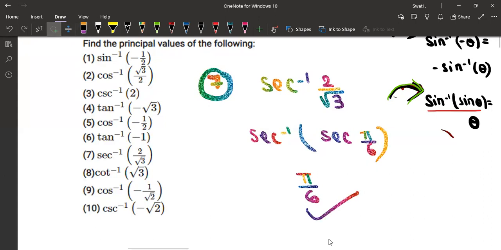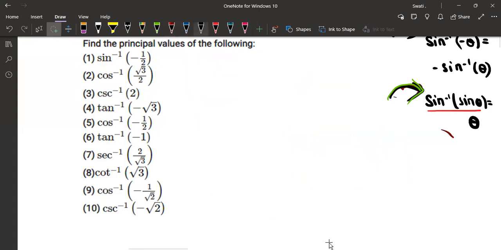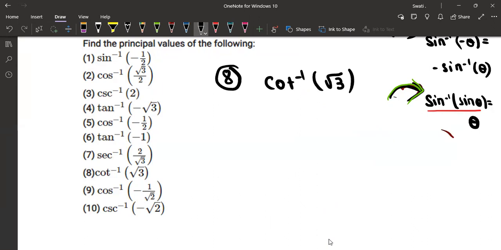See, all these questions are very, very straightforward. So I'm sure you are understanding all these things. Let's move to the next question, and that is the 8th question. In the 8th question, we have cot inverse root 3. Okay. Now this is cot inverse root 3. So I'll write down cot inverse as it is. Now for what value of cot is the value root 3?